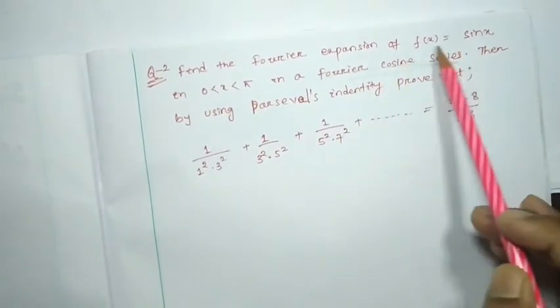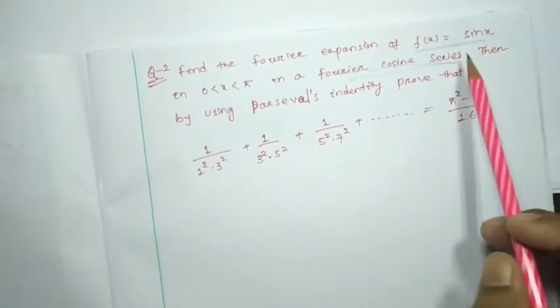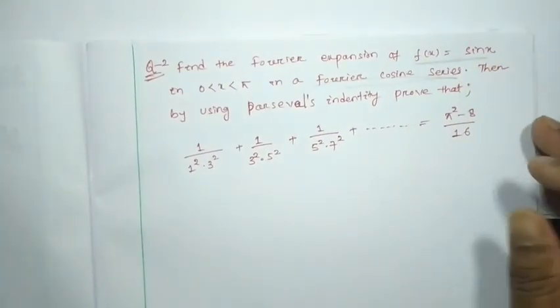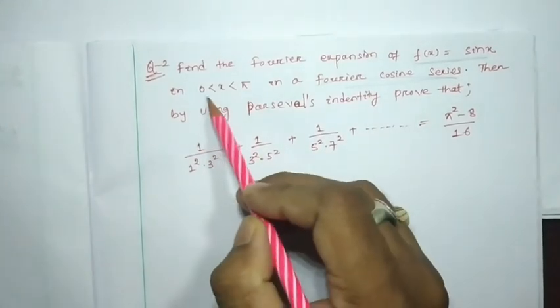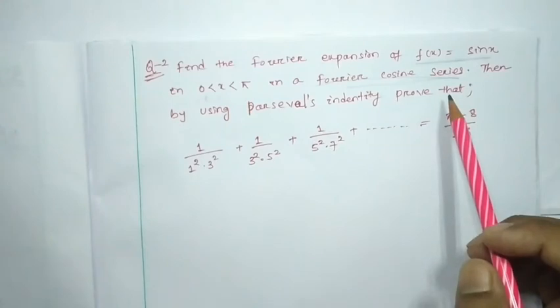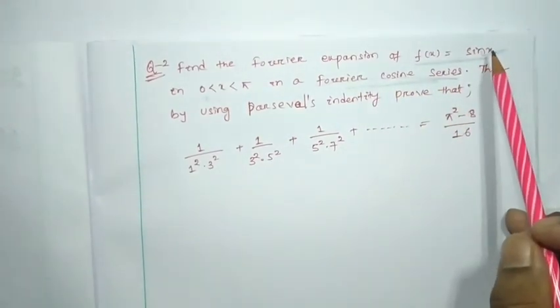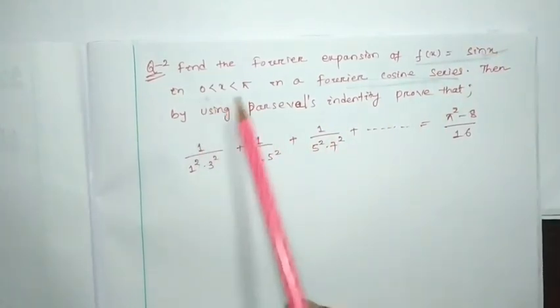That means this f(x) has to be considered as an even function in between minus pi to pi. You have to find out the Fourier cosine series of this one, which will exist in between minus pi to pi.